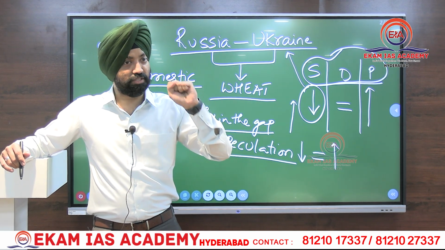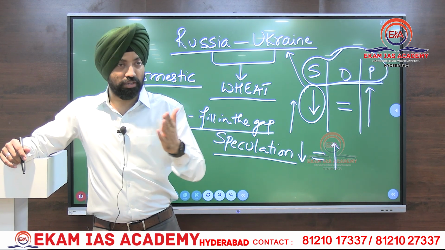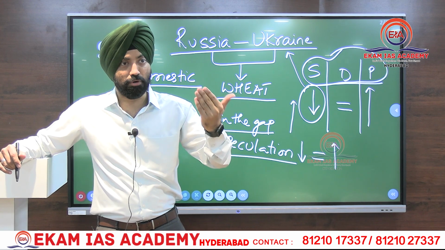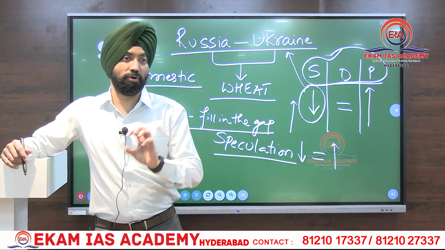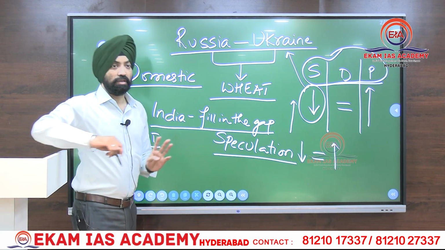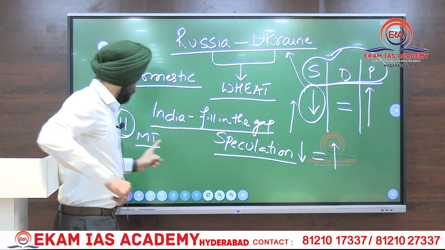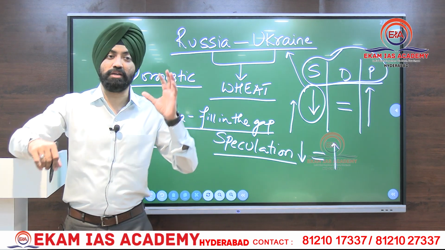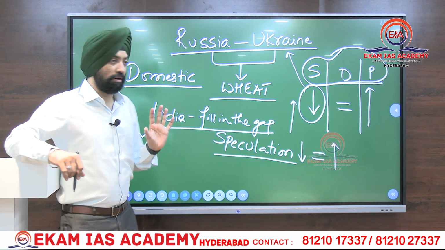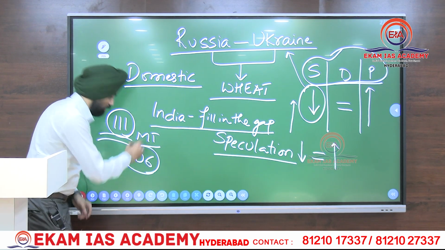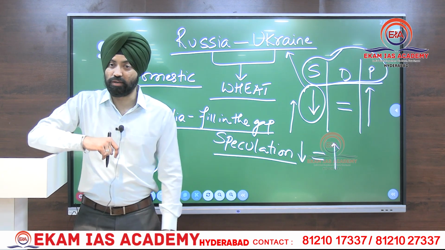These are the estimates which the government at regular intervals keeps giving to the market, so that people are aware of the availability of a particular agricultural product in the market. In the fourth advance estimate, the government said that earlier the estimate was that the market will get 111 million tons of wheat, but because of something that happened, the market now will get only 106 million tons of wheat.